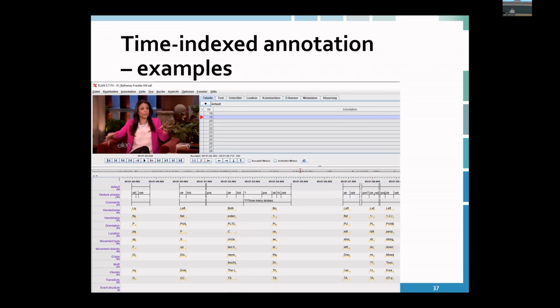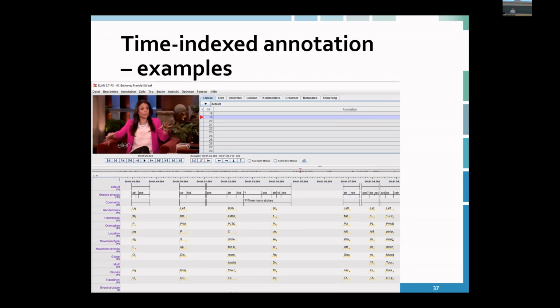So we see when there is a preparation. The annotation here says stroke, retraction, stroke, hold, preparation, stroke, hold. Basically, preparation is you put your hands up, stroke is you make the gesture, hold is what I'm doing now, and retraction is you're going back with your gesture.